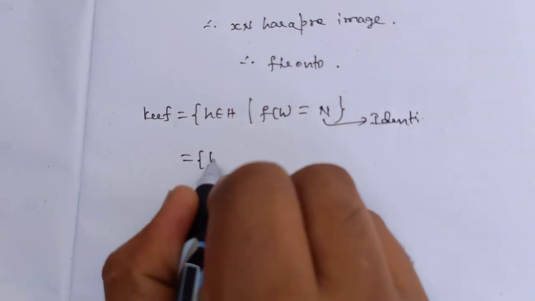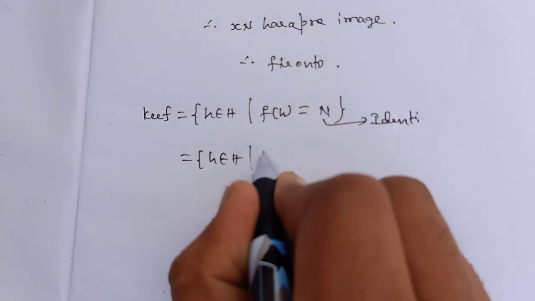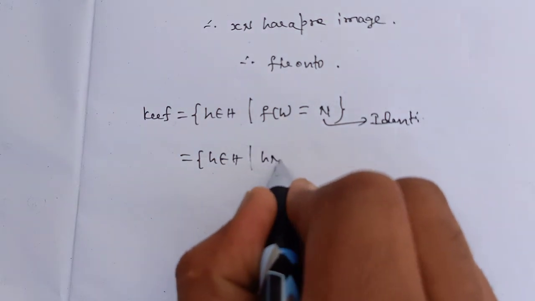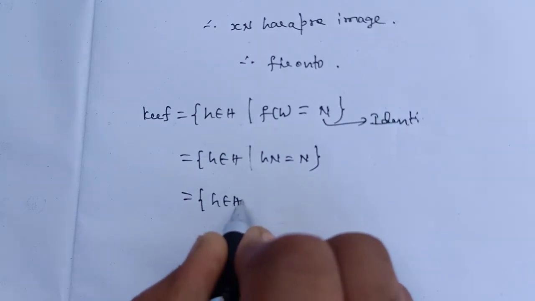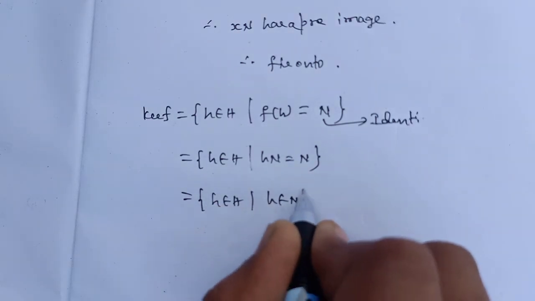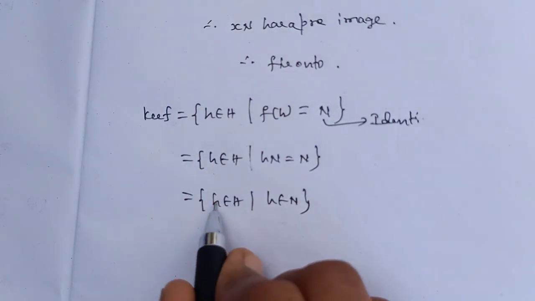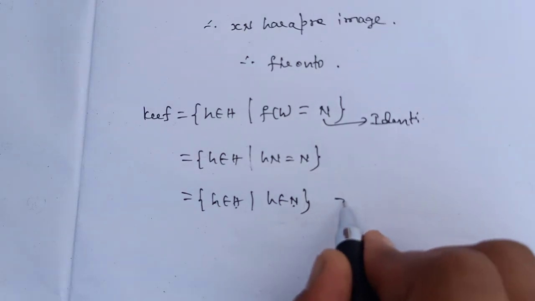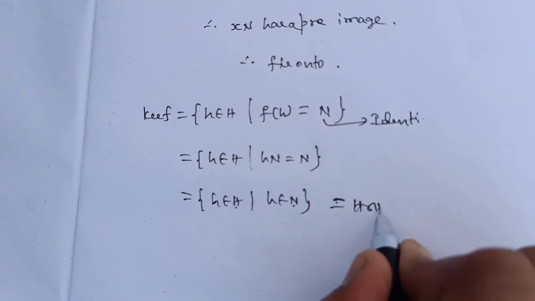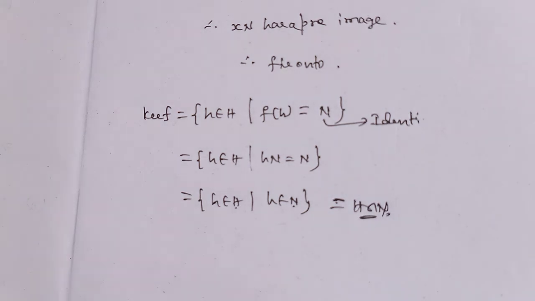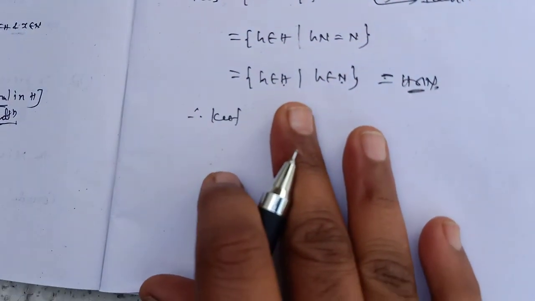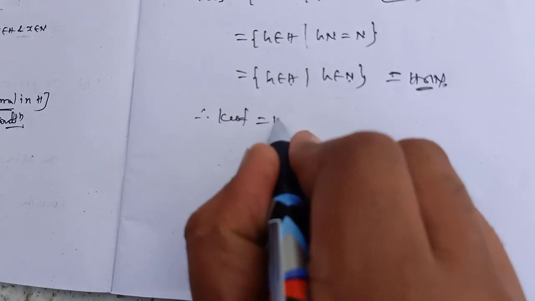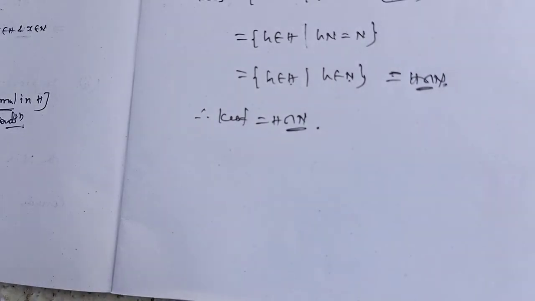That is the set of all h belongs to H such that hN equals N, which is nothing but h belongs to N. You choose elements which belong to both H and N, which is equal to H intersection N, that is common elements of both H and N. Therefore kernel of f is equal to H intersection N.